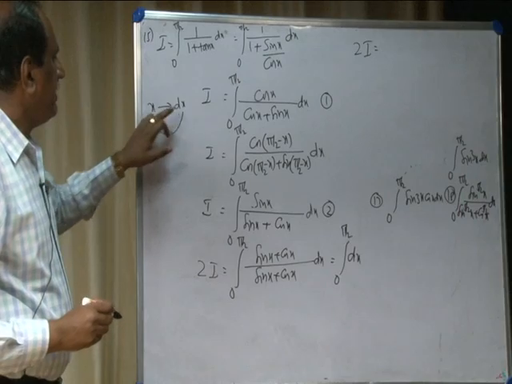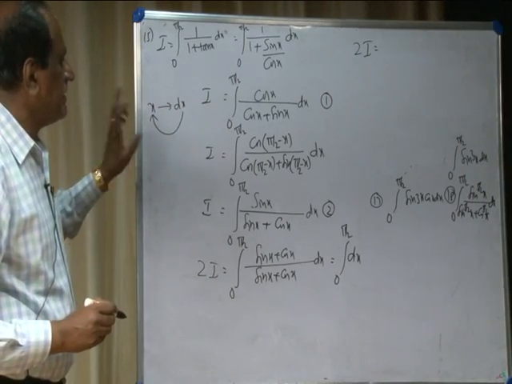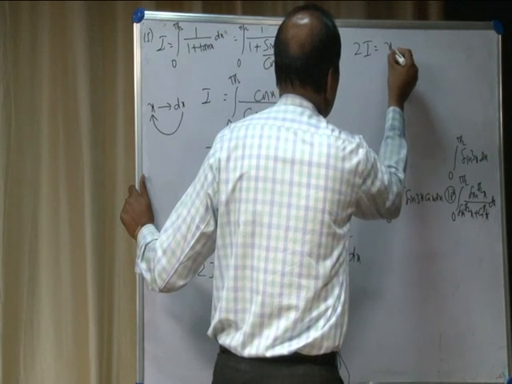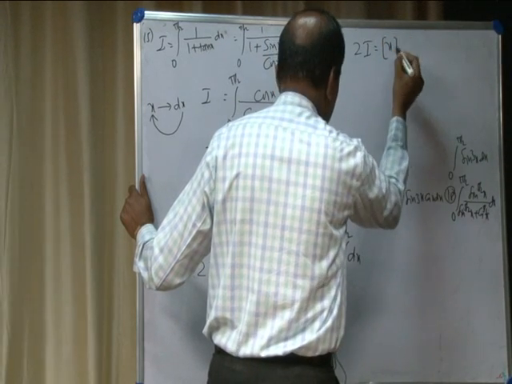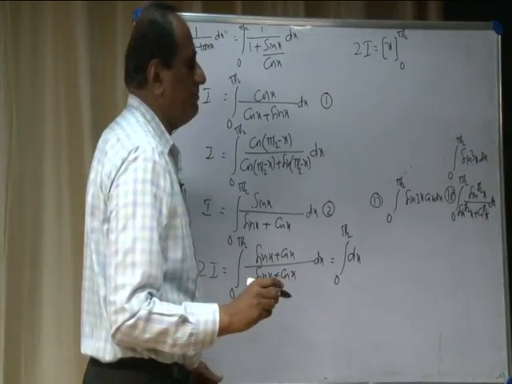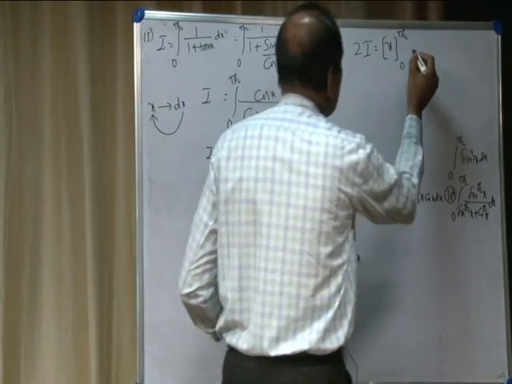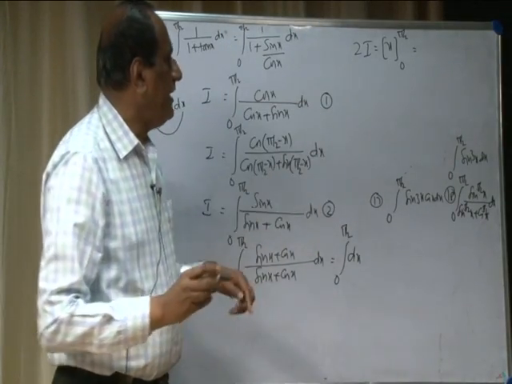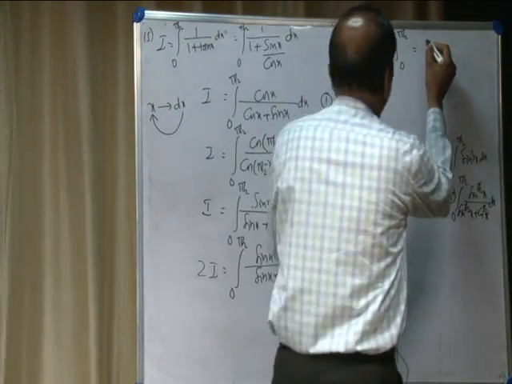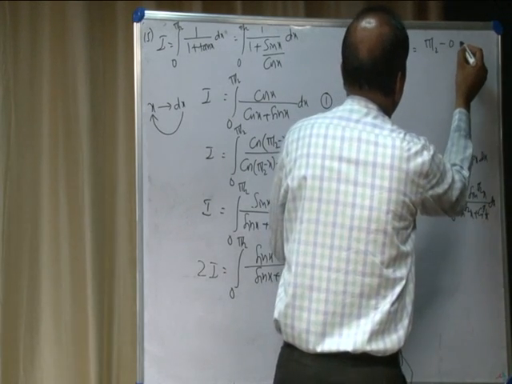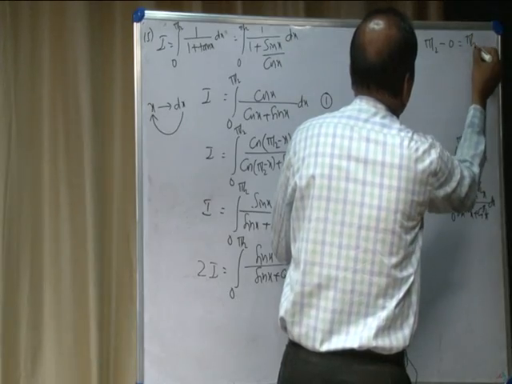So, integration of dx is x between the limits 0 to pi by 2. Now, apply the upper limit. What is the upper limit? Pi by 2 is the upper limit, pi by 2 minus the lower limit 0, pi by 2 minus 0 is pi by 2.